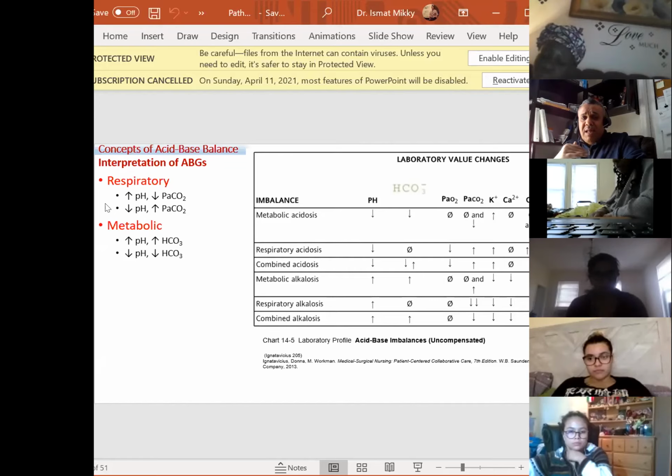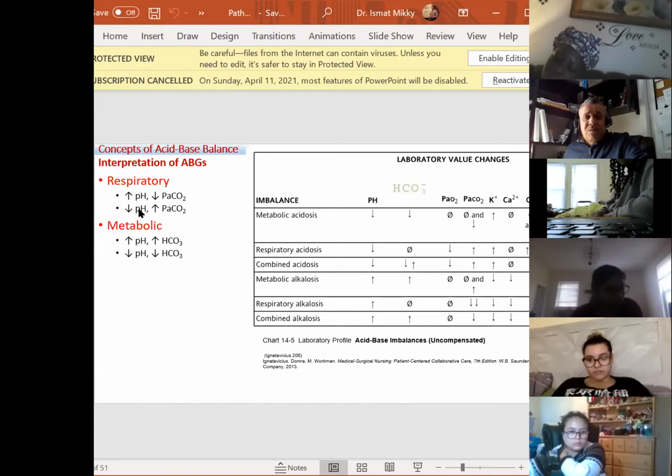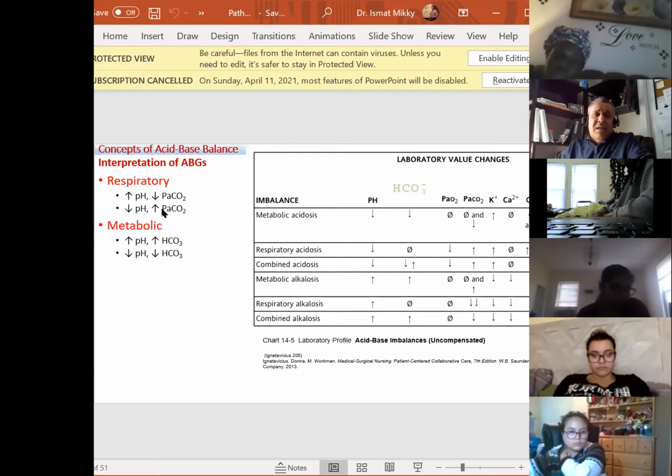Next to that is the acidosis, the patient who is going to hypoventilate and will have a buildup of CO2, right? Hypoventilate, retaining CO2. So CO2 retention will result in an increased PaCO2, and then eventually will make the pH drop because of the acid.